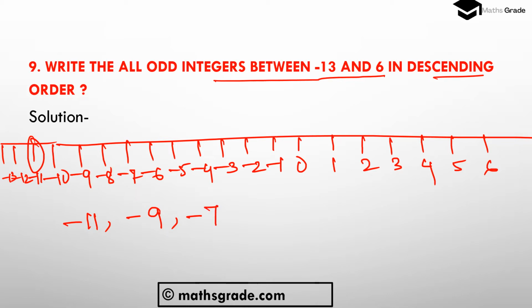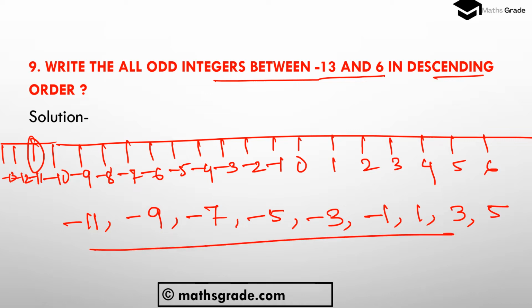So minus 9, minus 7, minus 5, then minus 3, minus 1, 1, 3, 5. These are the odd integers between minus 13 and 6.